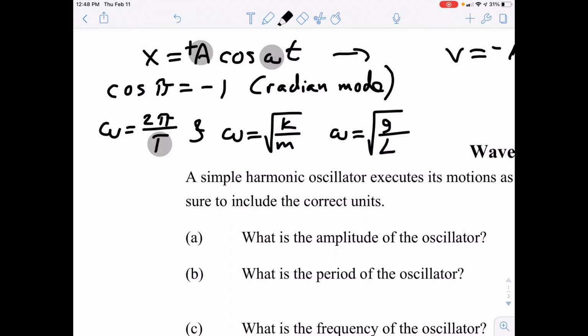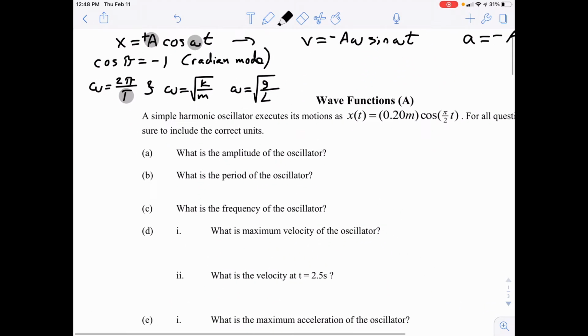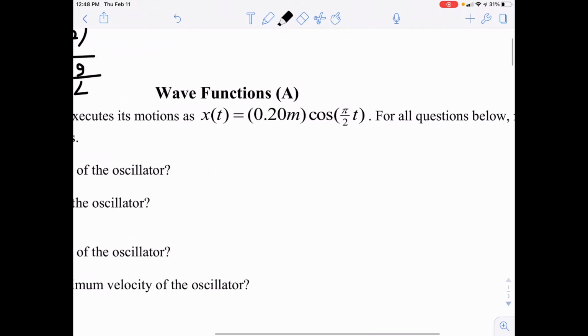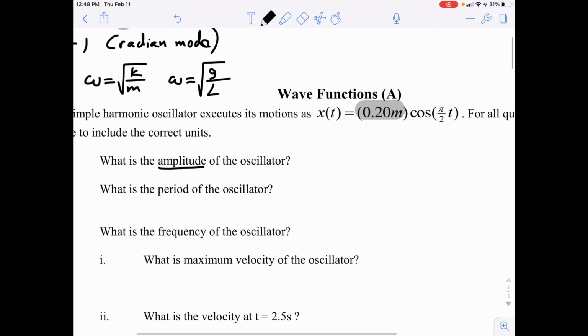There's a lot of things we can get from the angular frequency. So, the first step is identifying what's given in this problem. The number in front of cosine is your A. So what is the amplitude of the oscillator? A in this example is 0.20 meters.